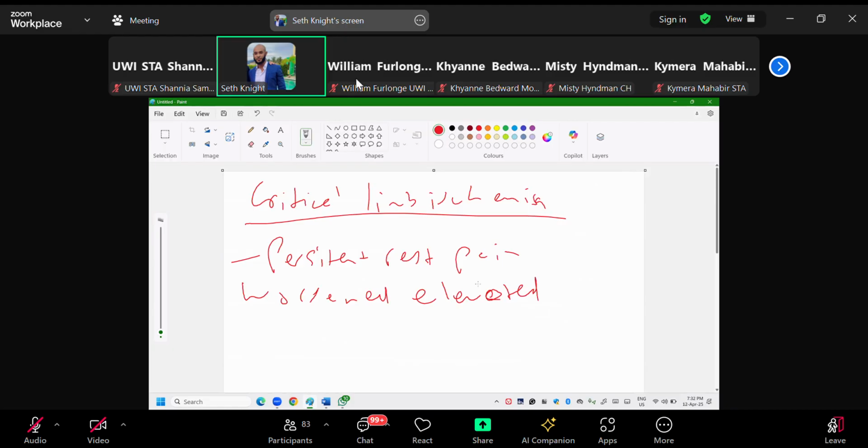Why? When you elevate the foot, you are going against gravity. So the blood has to pump against gravity to reach the lower limb. So this rest pain is worsened when the foot is elevated, but it is improved when the foot is what we call dependent, right? When you drop the foot. Improved when foot is dependent. Please understand that this is very different from venous insufficiency.